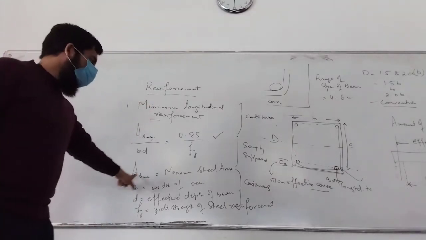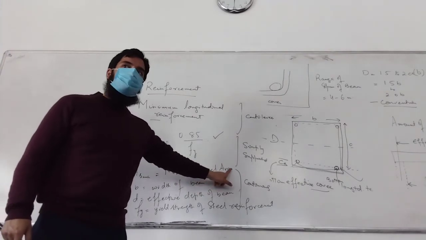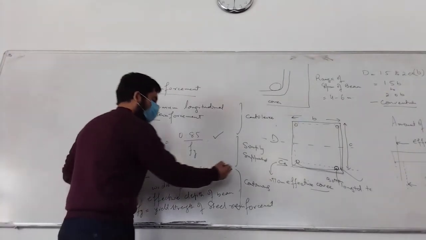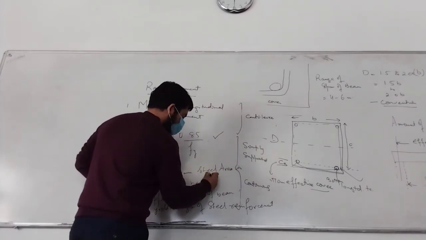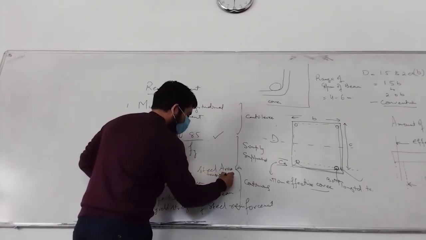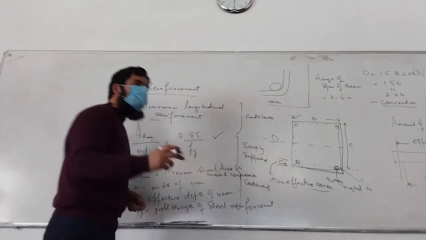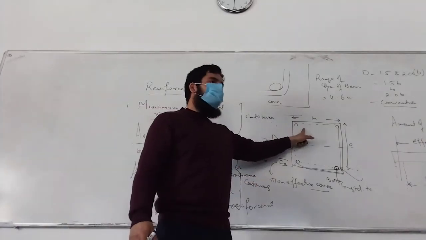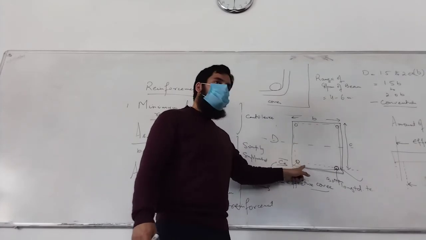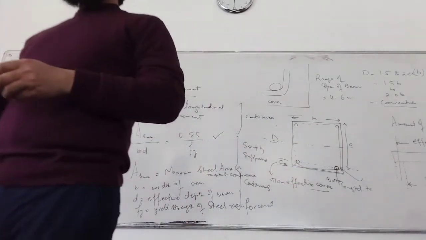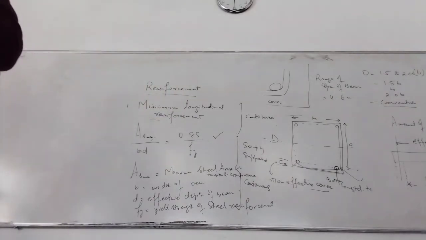This is minimum steel area in tension or compression, both. Whether you are providing compression steel at the top or tension longitudinal steel, whatever you are providing, minimum has to be this much.